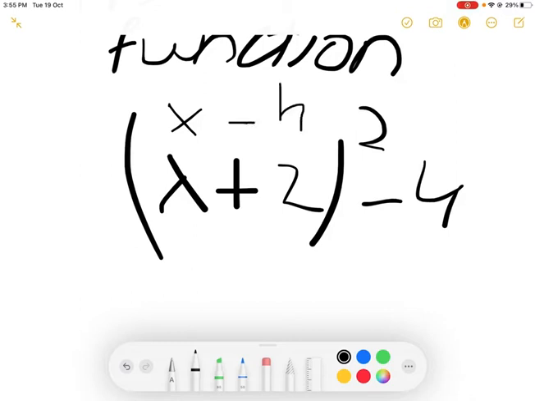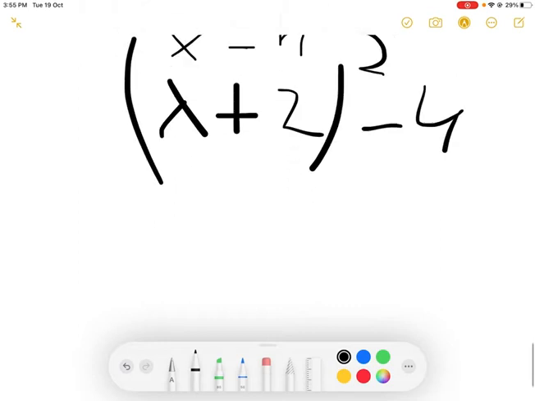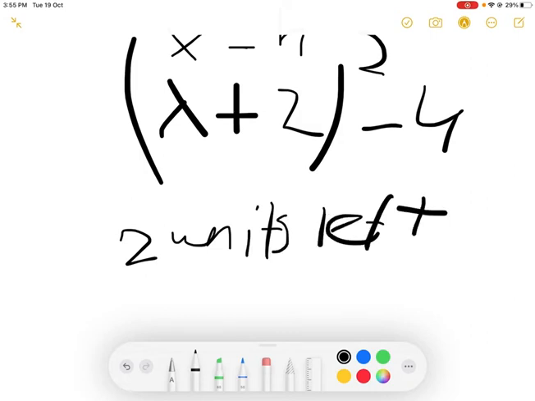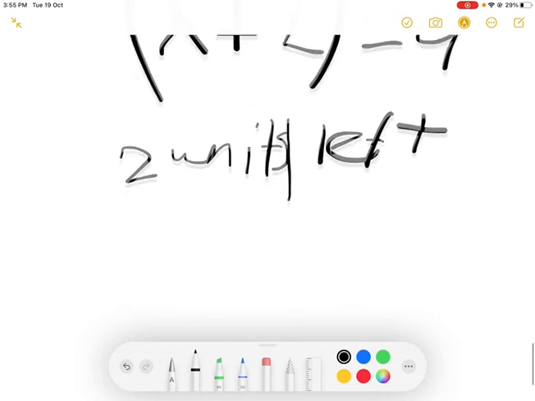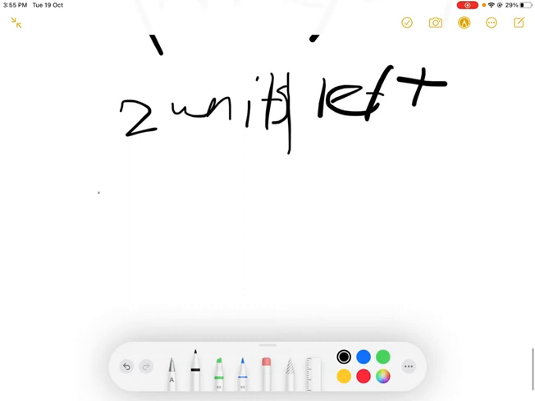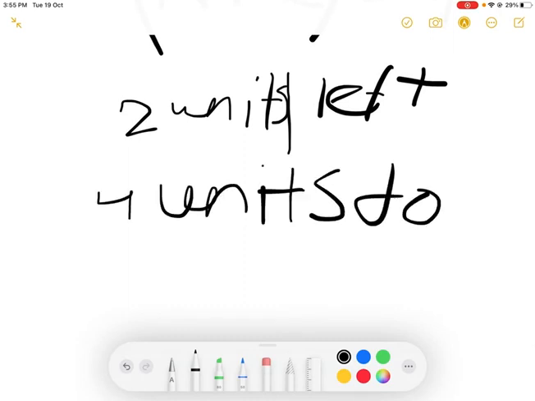So when you apply the main equation to this one, it becomes minus 2. So we go 2 units left, and 4 units down because it's negative 4.